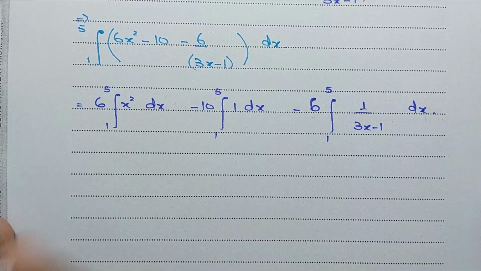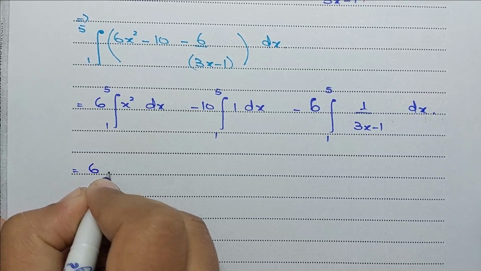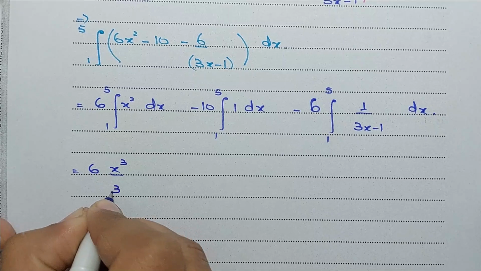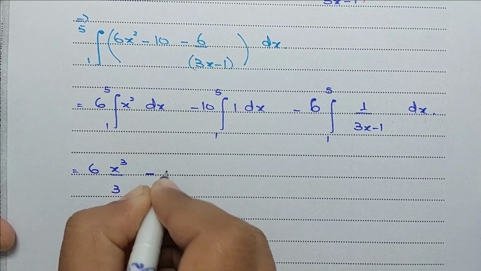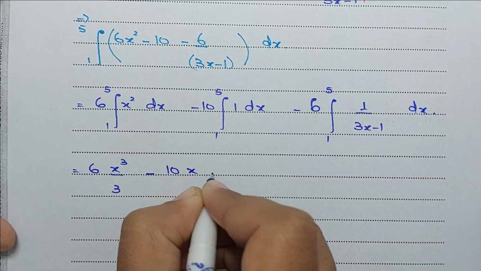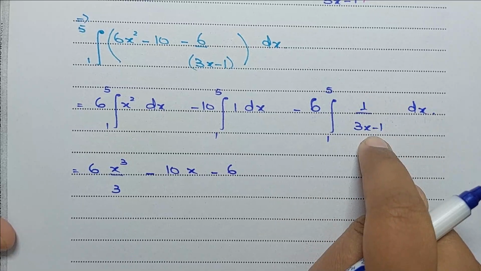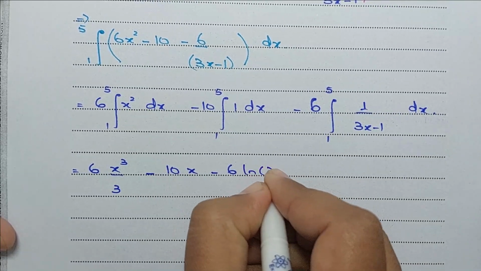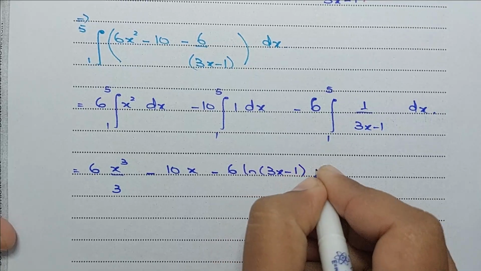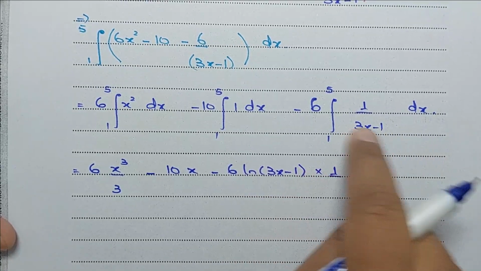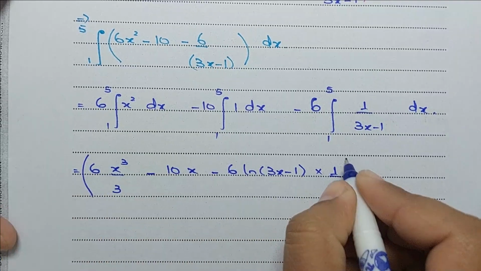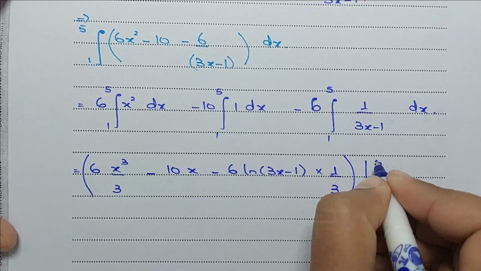Here we have 6 x square, whose integration is x cube over 3, and minus 10 times 1, whose integration is x, minus 6 times 1 over x, whose integration is ln x. So we have ln of 3x minus 1, multiplied by 1 over the derivative of this expression, which is just 3, right? And the limits are from 1 to 5.